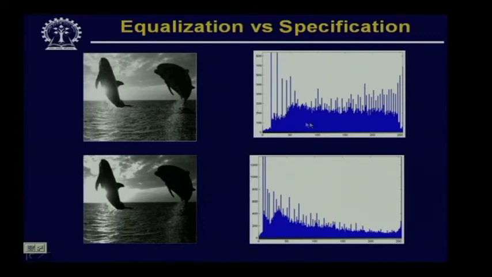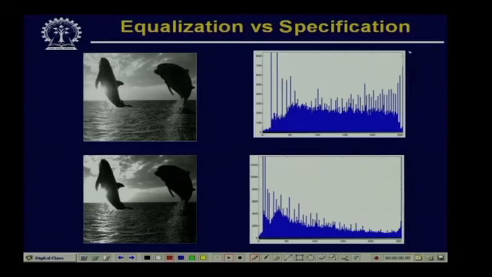So, this histogram was the target histogram, and using this target histogram, when we did this histogram specification operation, this is the processed image that we get, and this is the corresponding histogram.